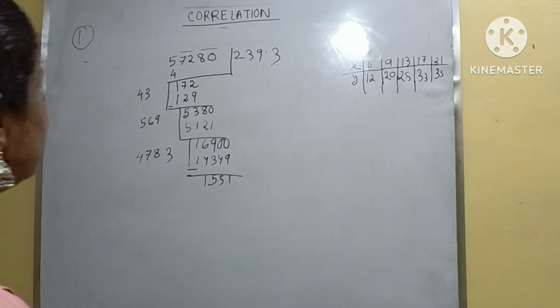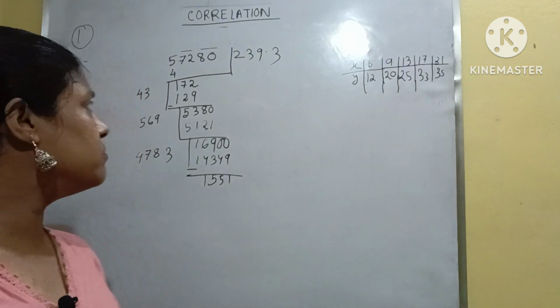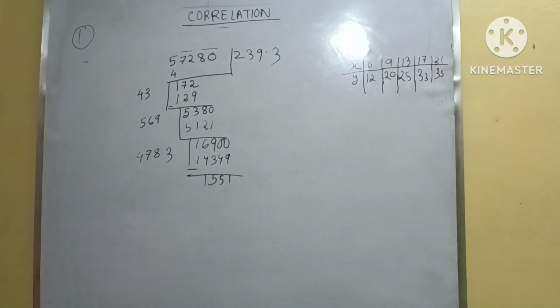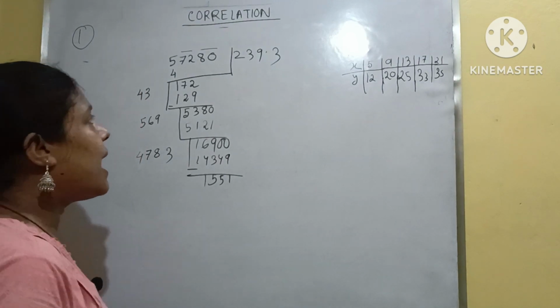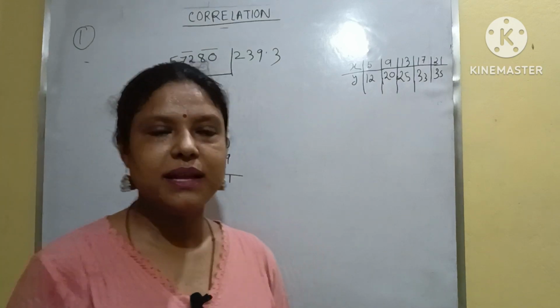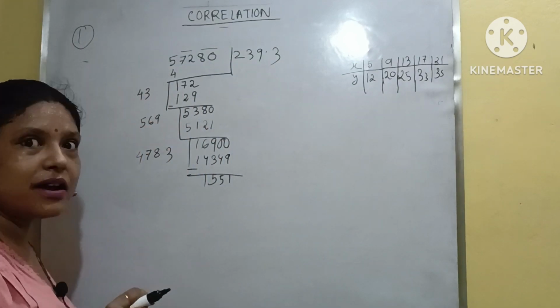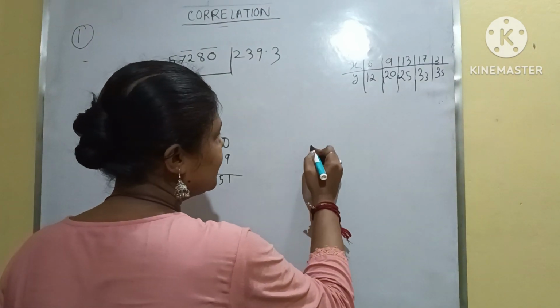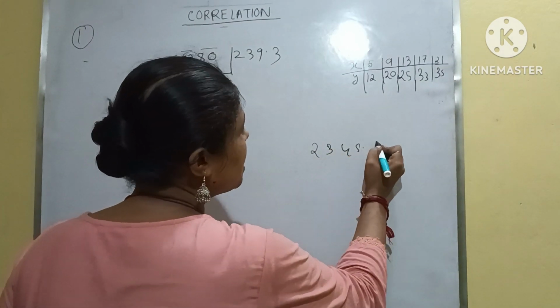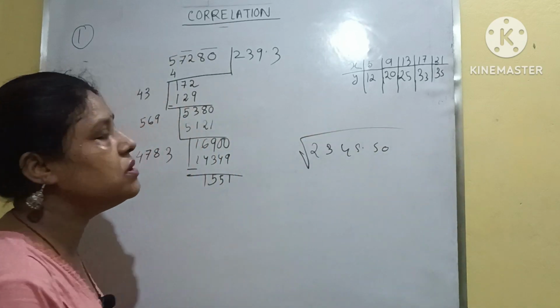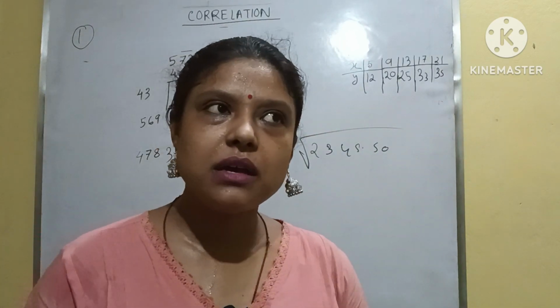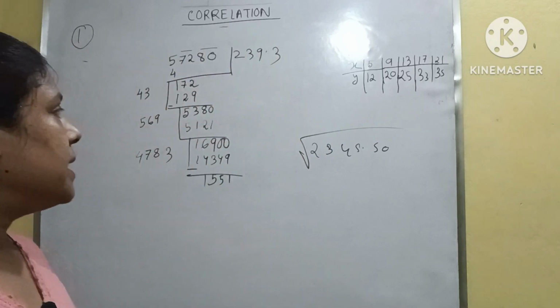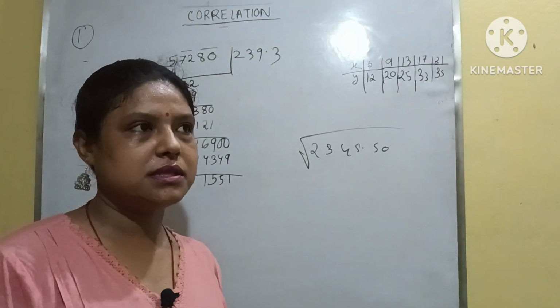I am showing you how to calculate the root value, because I faced a problem when I was calculating this R value. That means when the answer we get is in decimal form, like 2, 3, 4, 5.50, then how to take the square root was a problem, and I faced this problem when I was learning.